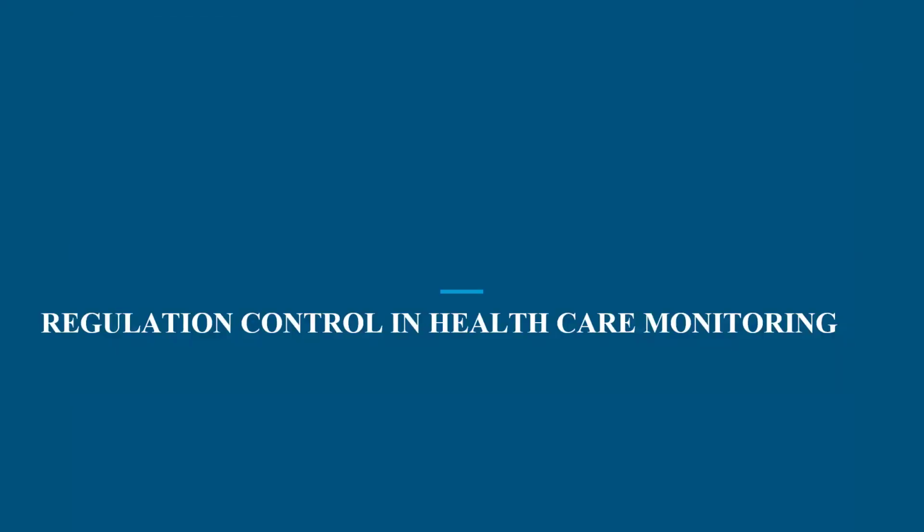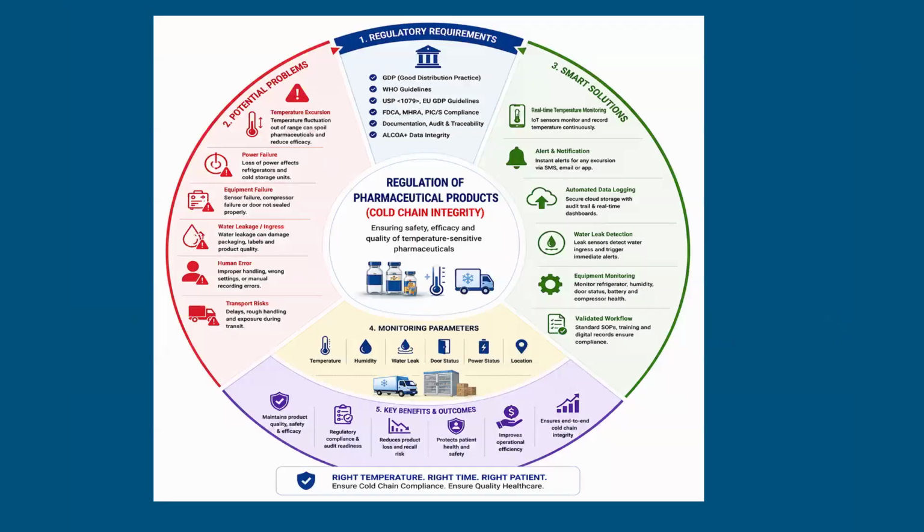And coming to the regulatory control in healthcare monitoring, healthcare organizations and pharmaceutical companies must comply with regulations such as good distribution practices or GDPs, World Health Organization guidelines, USP standards, national regulatory authority requirements.